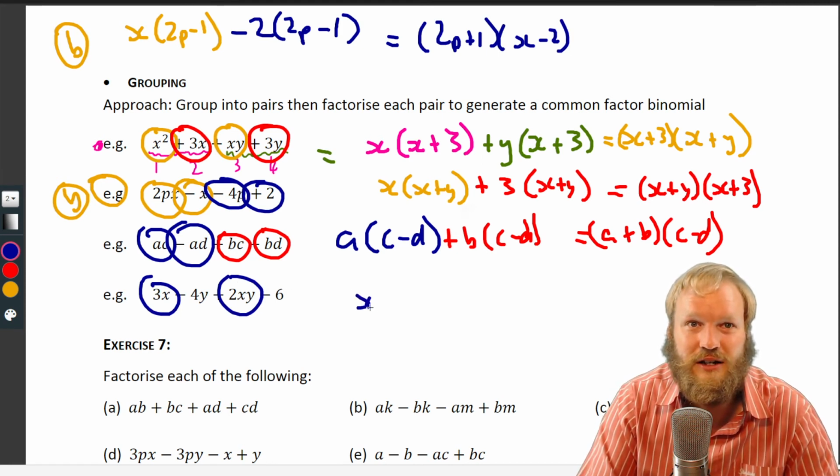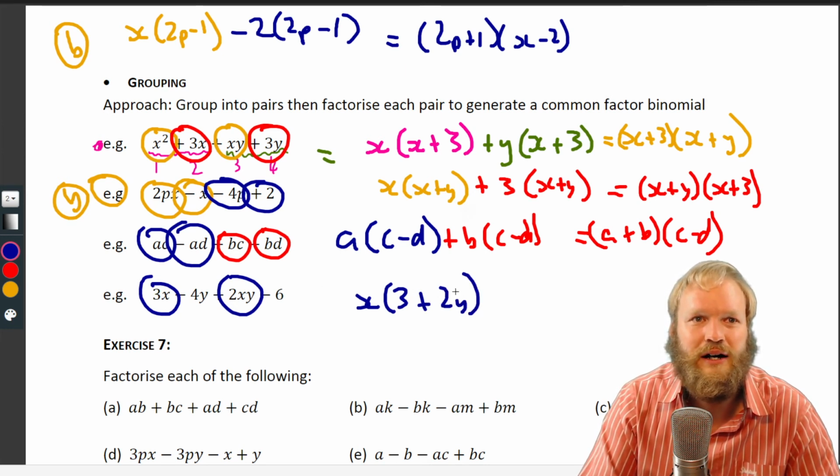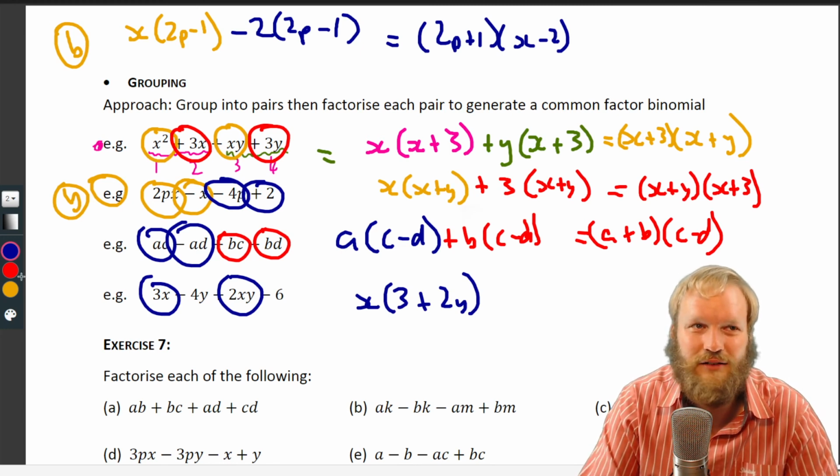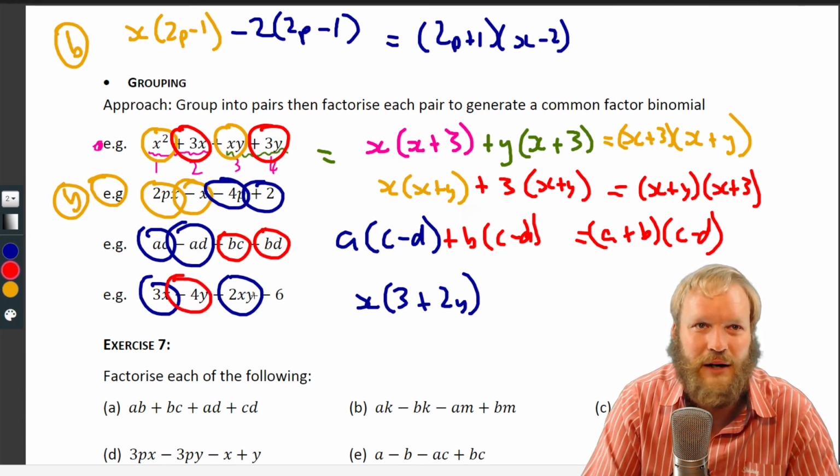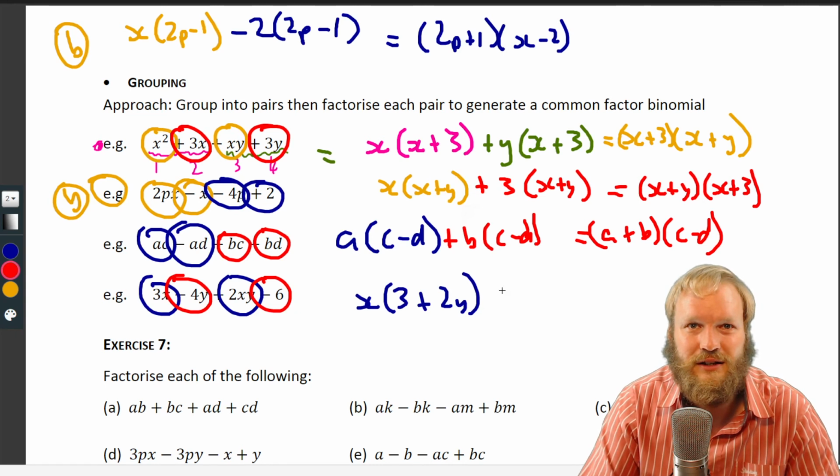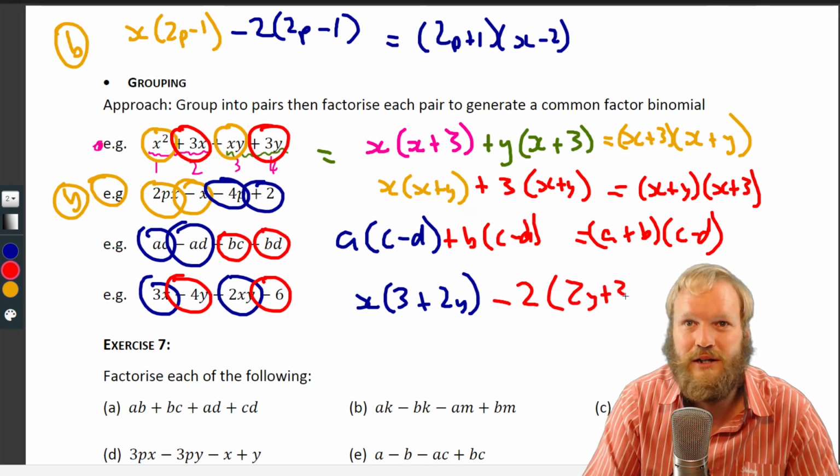We could take out an x and be left with 3 plus 2y. Does it look like the other one's going to give us a 3 plus 2y if we take something out? Well, minus 4y, minus 6. We want positive things in the bracket, so it probably makes sense to take out a negative 2, and then we'll have 2y plus 3.